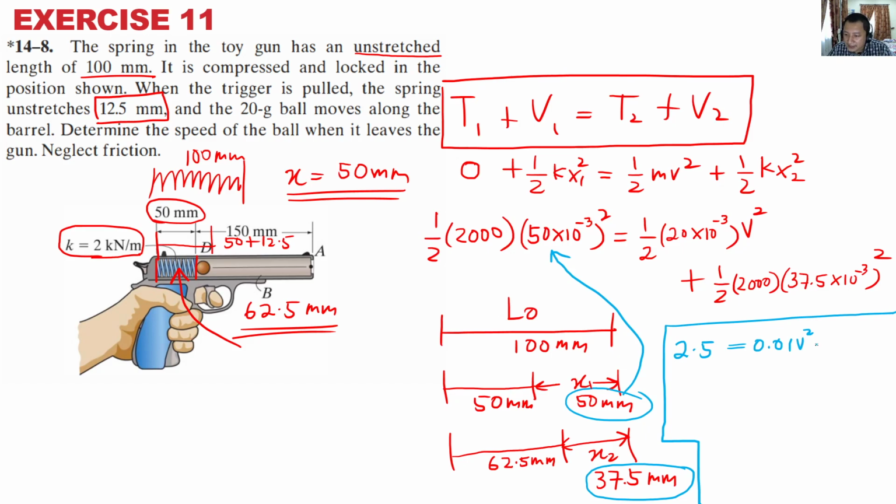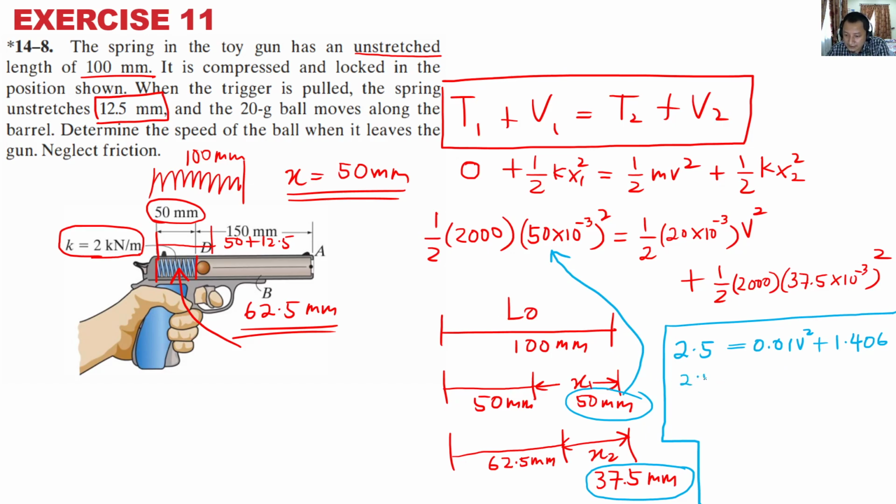Second part, how much? 37.5 exponent negative 3 squared kali 1.4. Kecilnya 1.406.